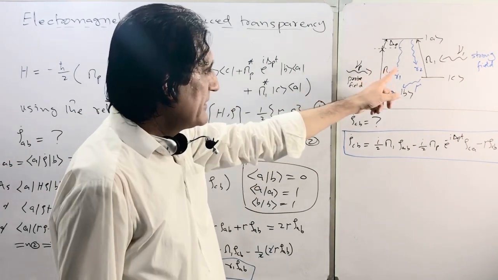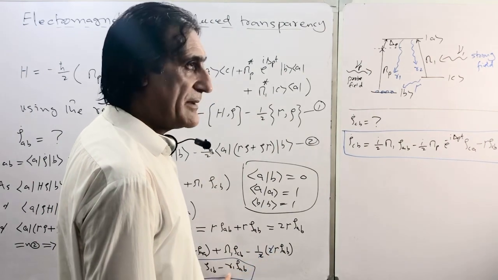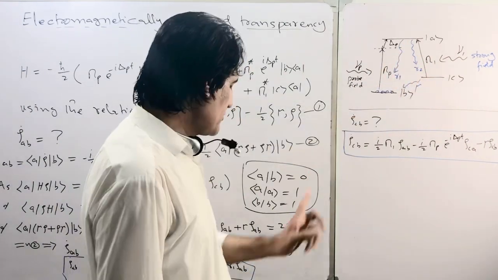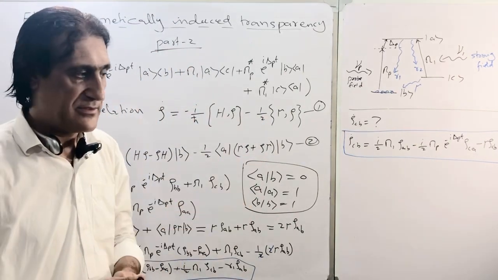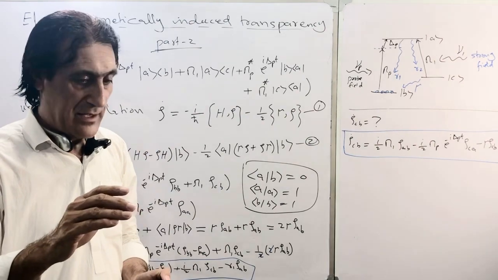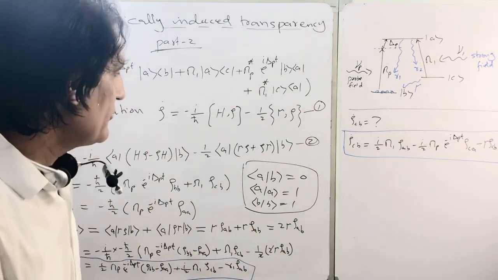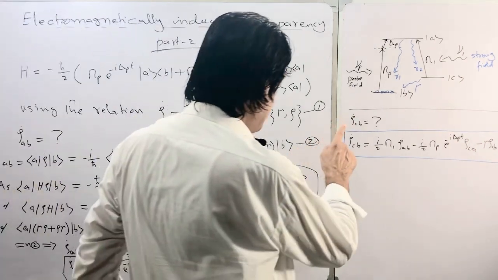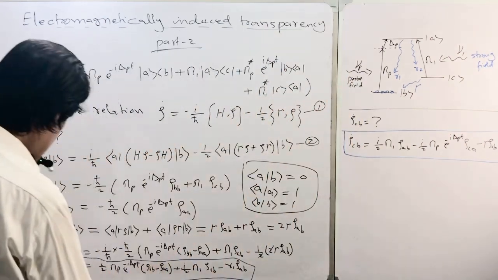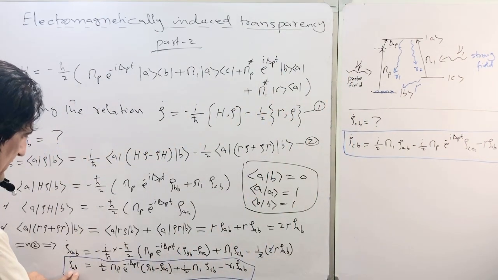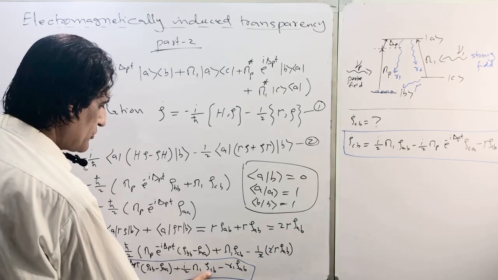If this is gamma 1, then this capital gamma will be gamma 1. If this is gamma 2, then you can consider this gamma 2, and so on, whatever you want. How you consider the decay depends upon you. Similarly, we have to find out rho dot CB, because in this equation we have rho BB, rho AA, and rho CB.